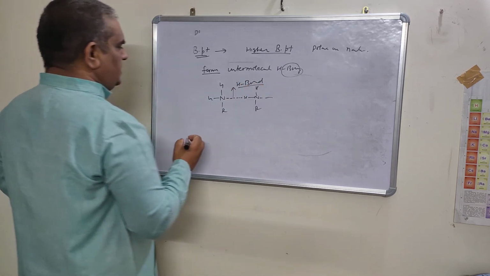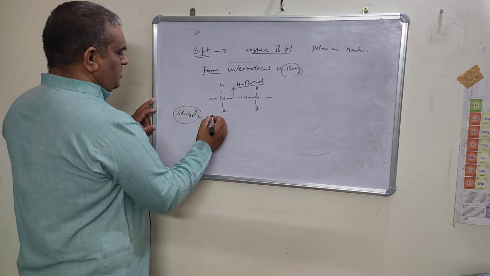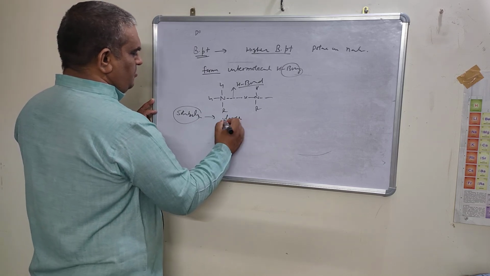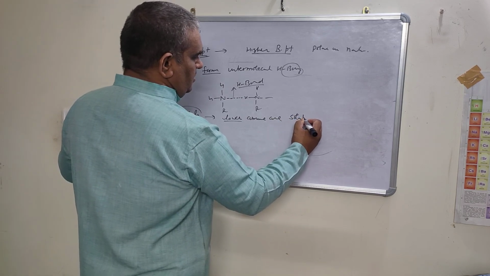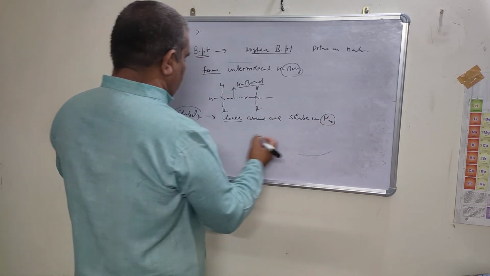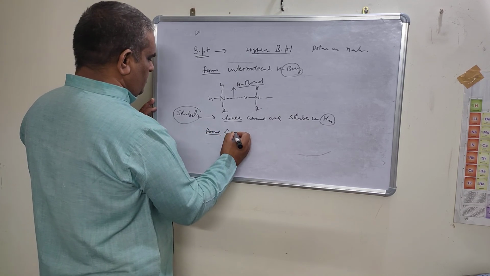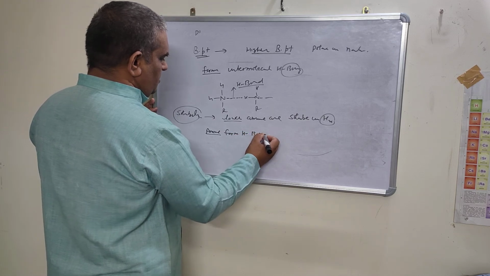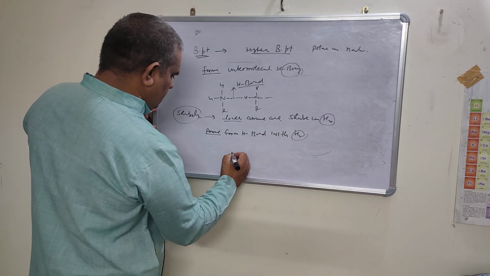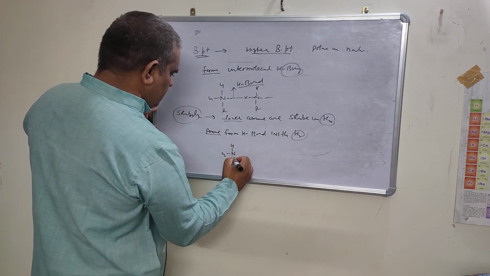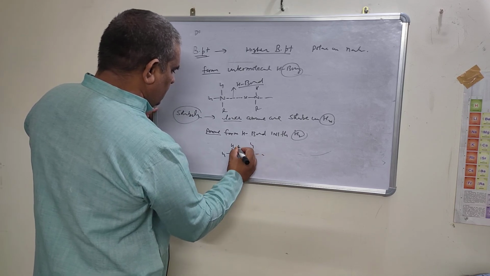Next is solubility. The lower amines are soluble in water. The amines form hydrogen bonds with water. This is the ammonia, and this is the hydrogen bond.